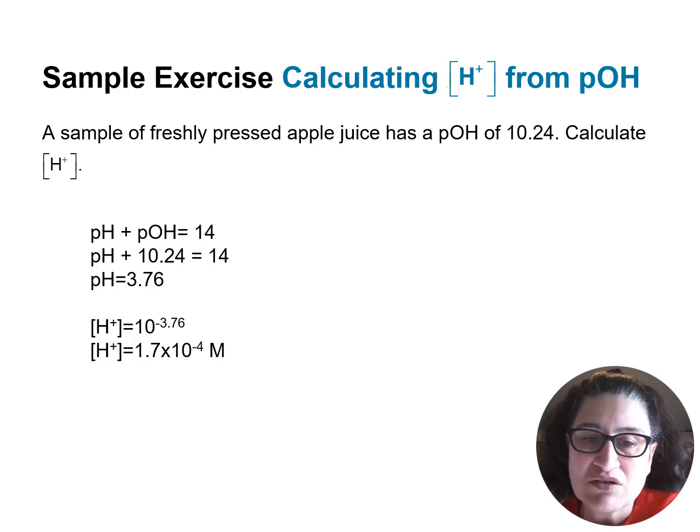So my H plus would be 10 to the negative pH to get my H plus of 1.7 times 10 to the negative fourth. Now, I could have done 10 to the negative 10.4 in order to find my OH minus, and then taken 1 times 10 to the negative 14th divided by that OH minus to get the H plus. So there's more than one method of doing this, or more than one way.